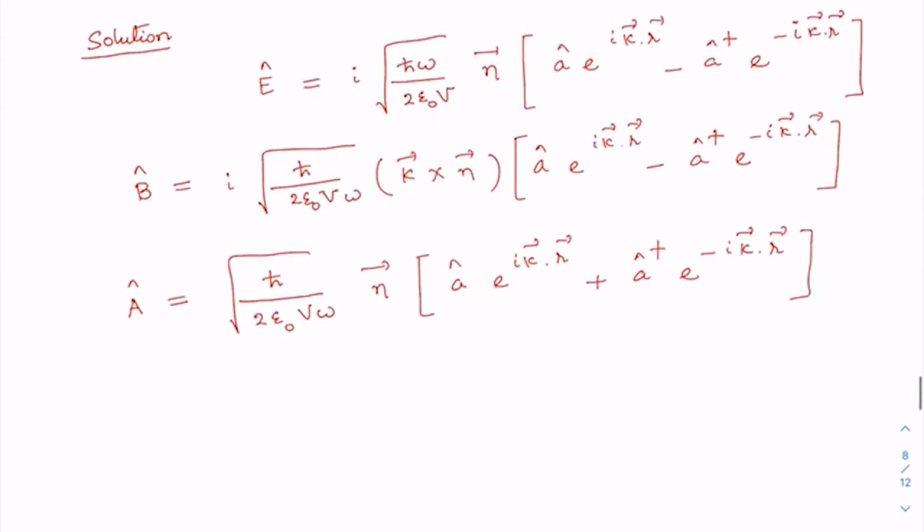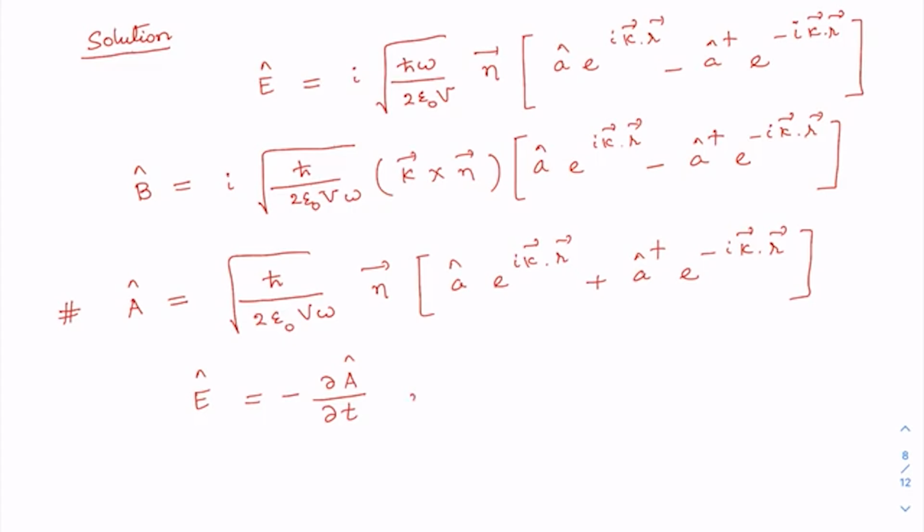In fact, you can verify that this expression is alright for the vector potential, because you know that under the Coulomb gauge we wrote our electric field operator as the time derivative of the vector potential.